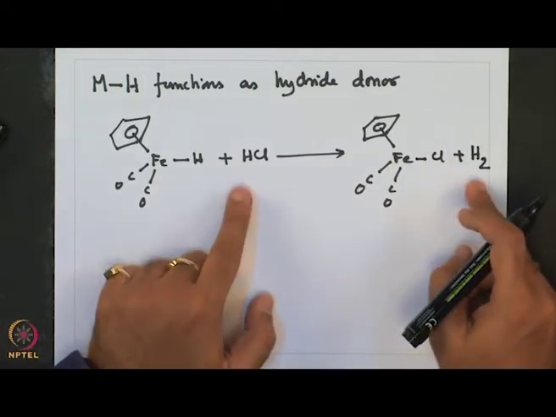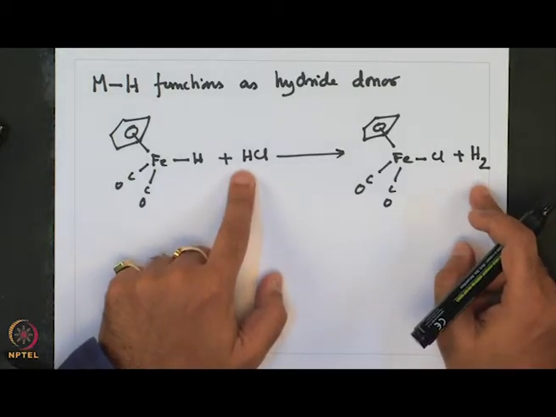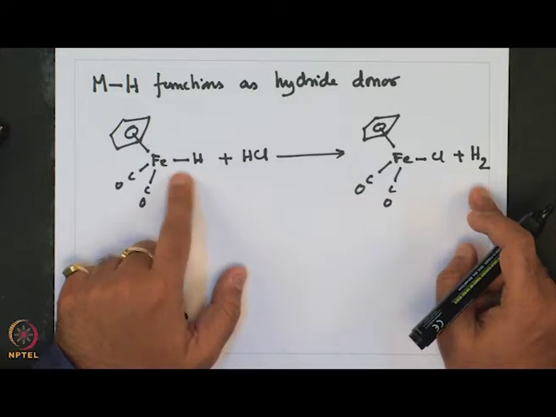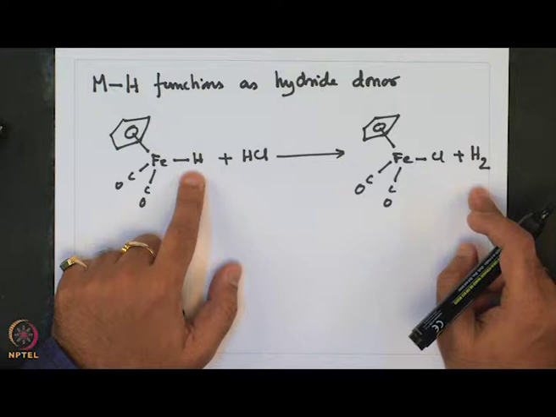Now, this H2 contains H plus from HCl and H minus from this iron hydride complex. So, here the hydrogen is acting as a hydride donor.